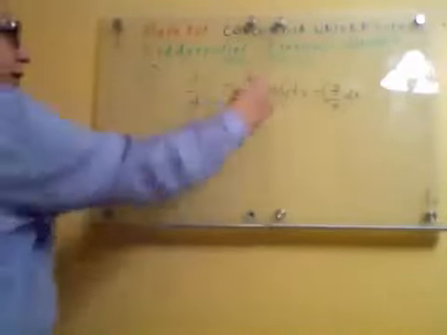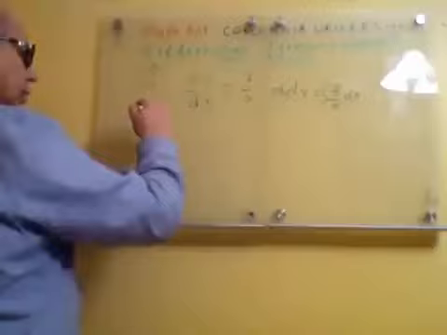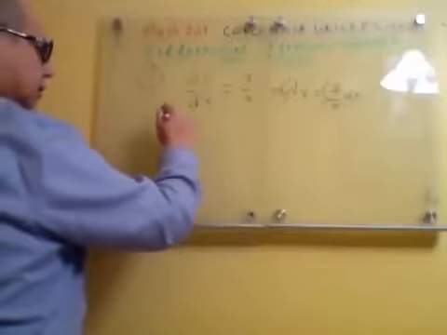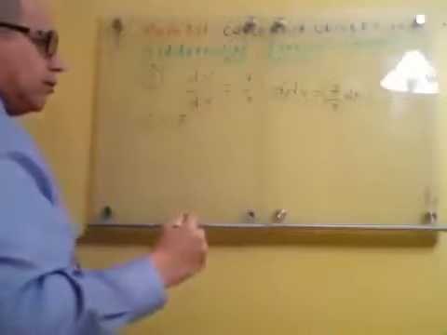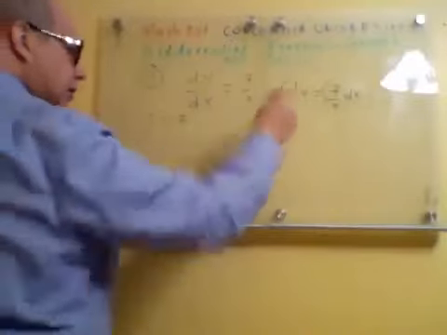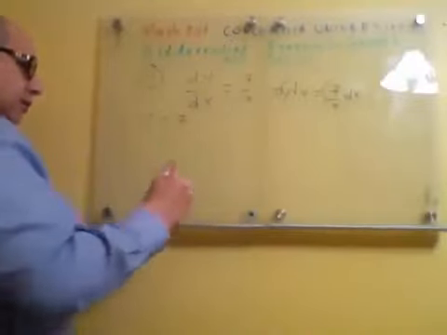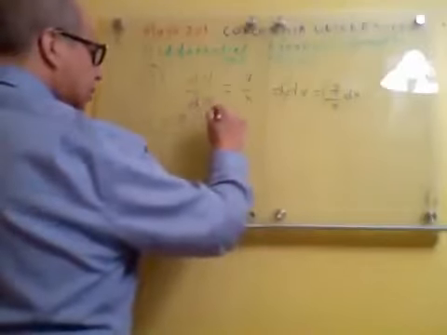The integral of dy is y. And for the integral of 7 over x, the 7 you take outside of the integral, and the integral of 1 over x is ln x.